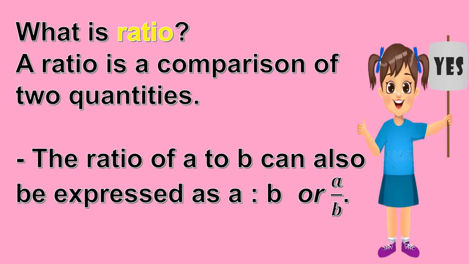First, A is to B is what we call ratio form. Second, A over B is what we call fraction form.